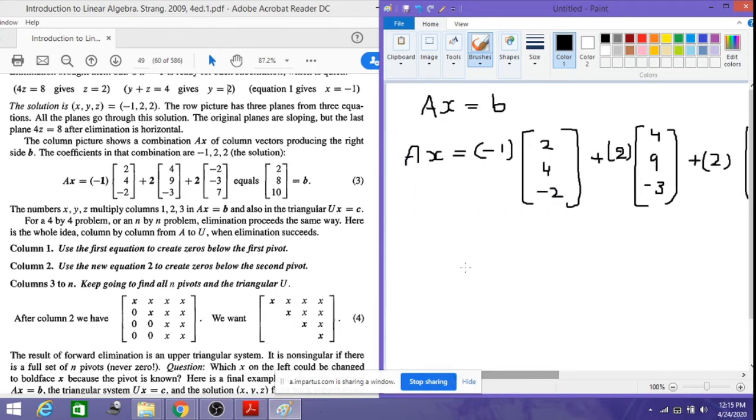Now we will write a few points here. During elimination, what happens here? A few conditions we will write here.